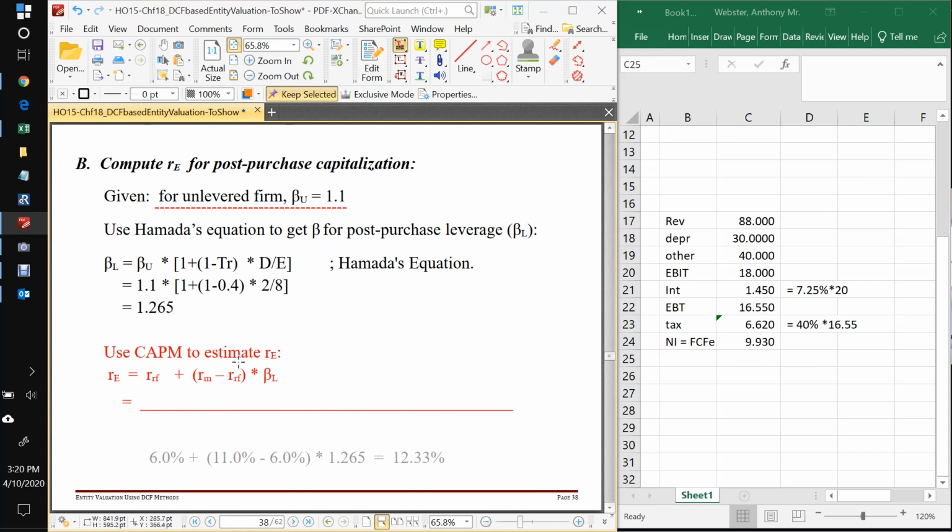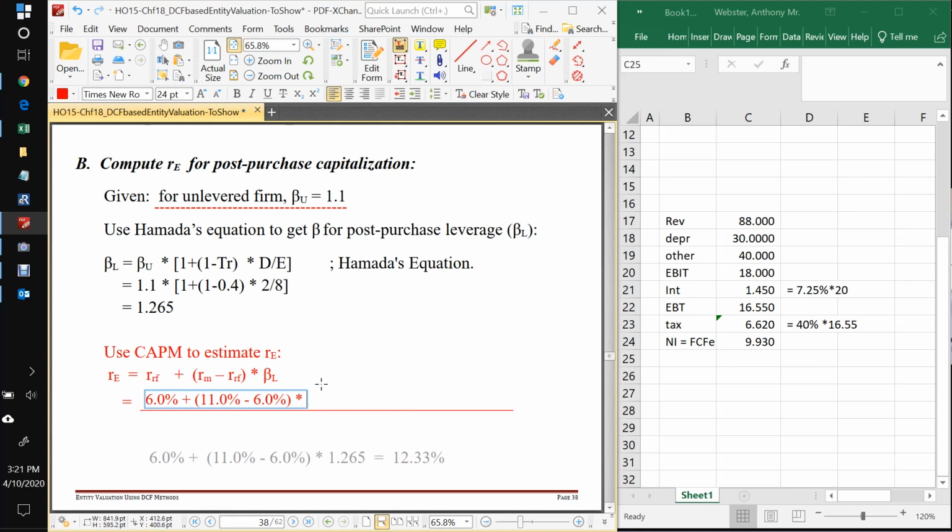So now we're ready to use CAPM to estimate our RE. We have everything that we need. And remember, we said they went out and found the risk-free rate looking at treasuries as a proxy for that. That was 6%. And then plus, I'm just plugging into our old familiar CAPM equation here. And for RM, they believed that the average return of the overall stock market was 11%. And the RRF, same thing, 6.0% here.